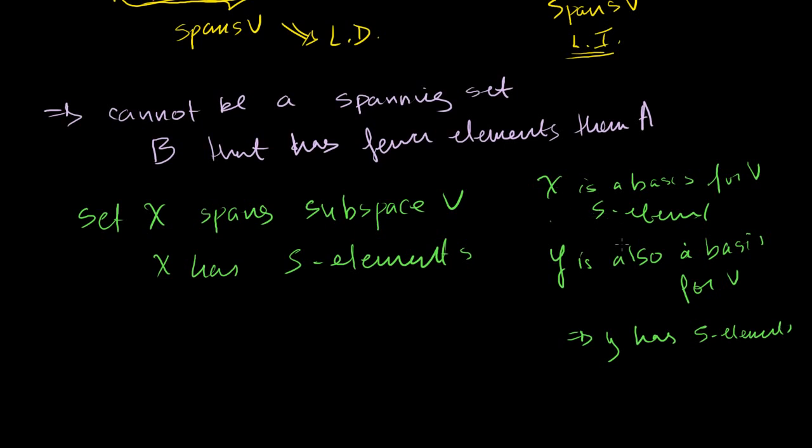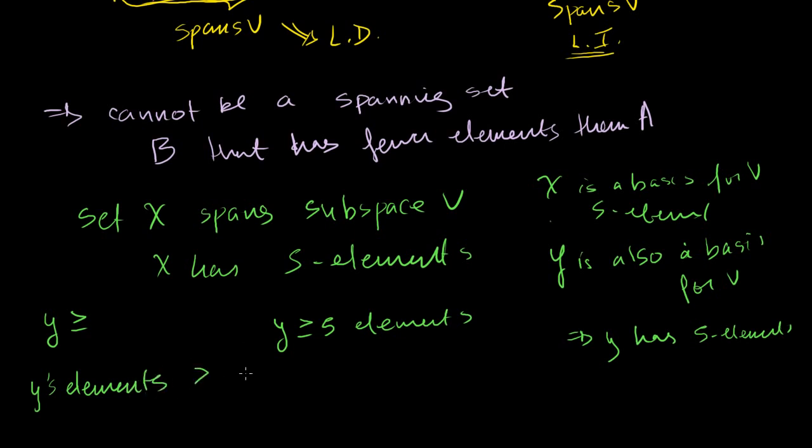We just proved that. So, one way we know that Y has to have greater than or equal to 5 elements. But on the other hand, if Y is a basis for V, and X is a basis, X also spans V. So we know that X has to have fewer elements than Y. Y's elements have to be greater than or equal to X's elements, because any spanning set has to have at least as many elements as a basis set.